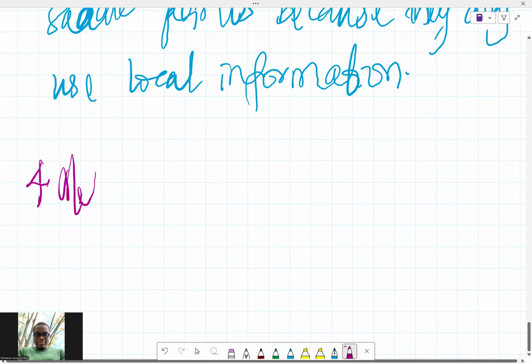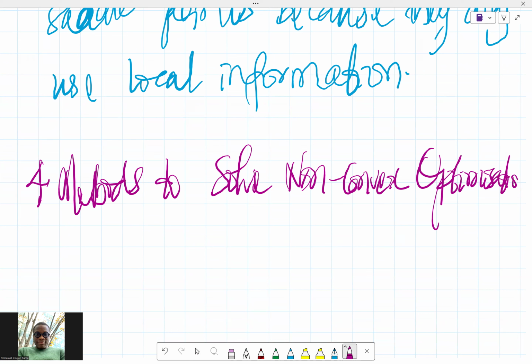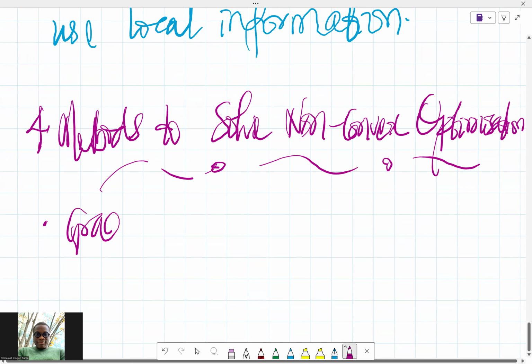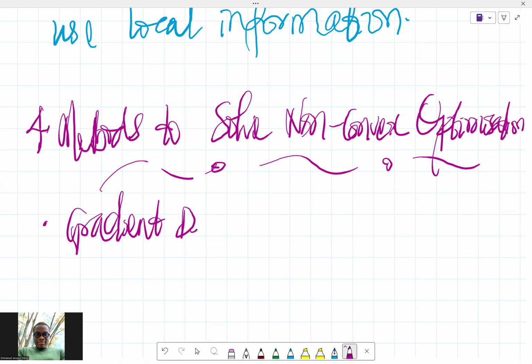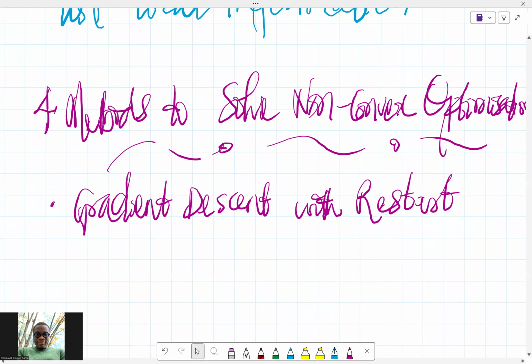What are the methods to solve non-convex optimization? You can talk about gradient descent with restart. Since the normal gradient descent will not do the job, we use gradient descent with restart. To escape local minima, the algorithm is restarted from different initial points multiple times.